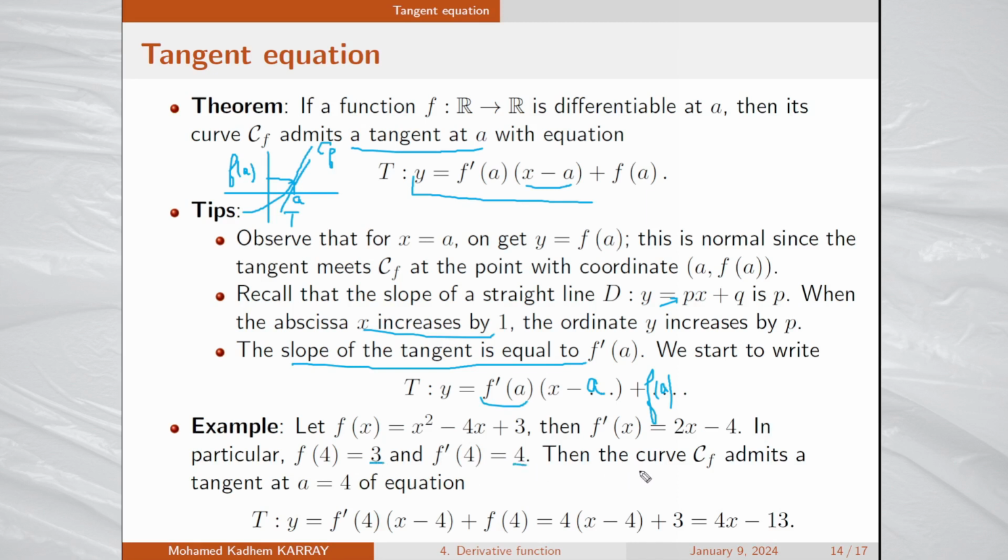So the curve of f admits a tangent at point a equals 4 of equation y equals the derivative, which equals 4, multiplied by x minus 4, plus the value of the function, which equals 3. So we get 4x minus 13. And this is the equation of the tangent at point 4.